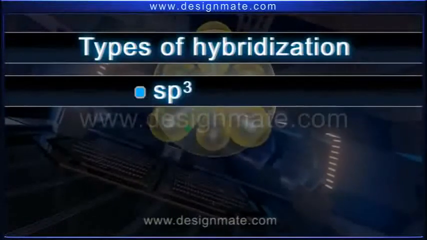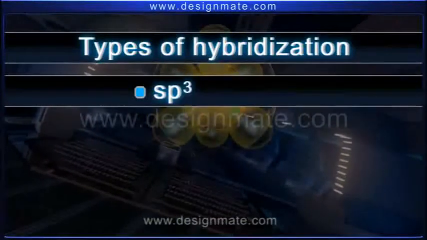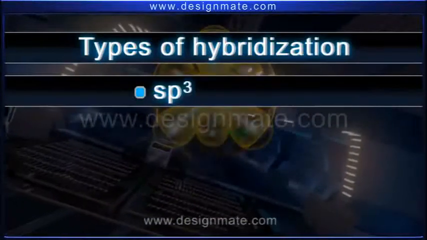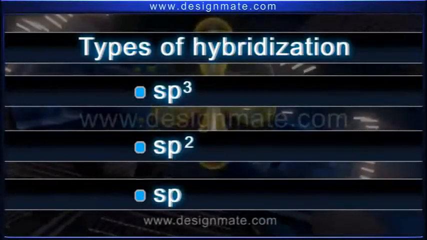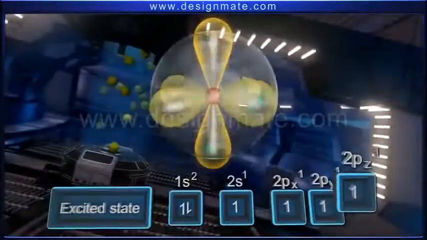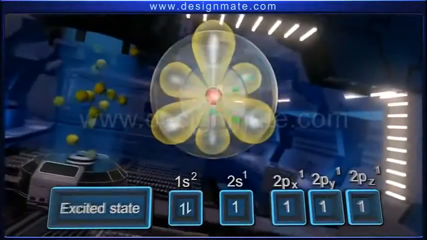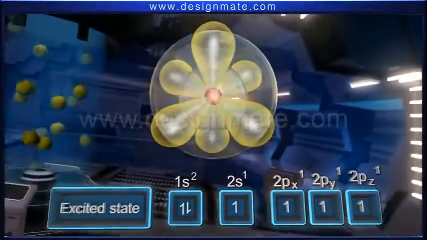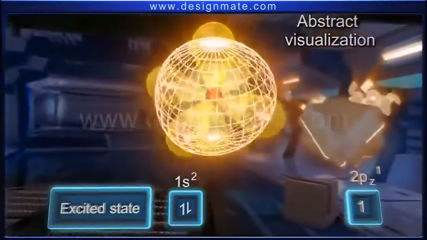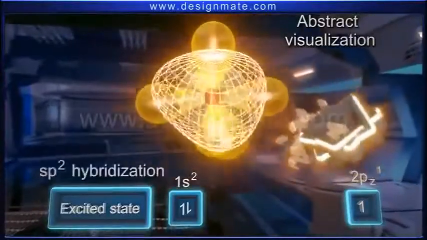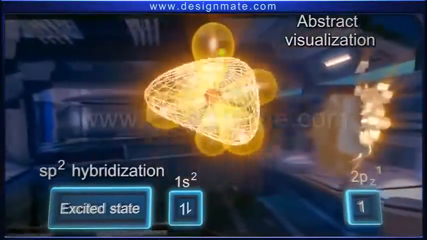Besides sp3 hybridization, the excited carbon atom may also undergo sp2 or sp hybridization. During the formation of a double bond, 2s and 2 of the 2p orbitals hybridize. Consequently, this hybridization is termed as sp2 hybridization.